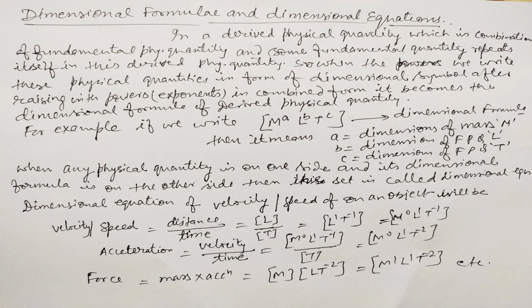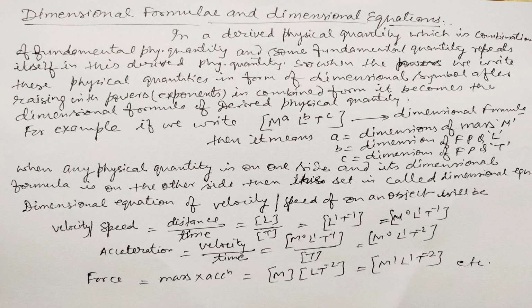Here again we can say M to the power 0; this is not just a power, we can say this is the dimension 0. So 0 is the dimension of M. It means this speed has the dimension of length 1 and the dimension of time minus 1.